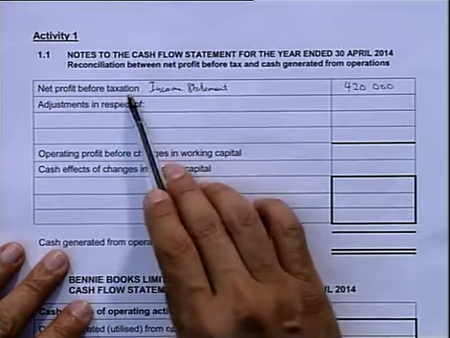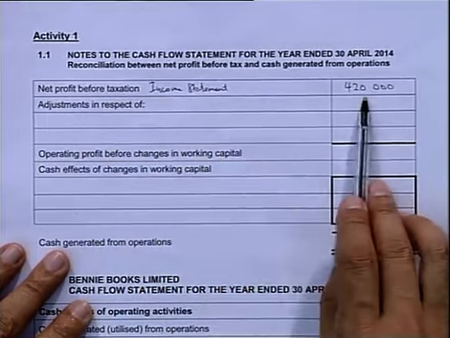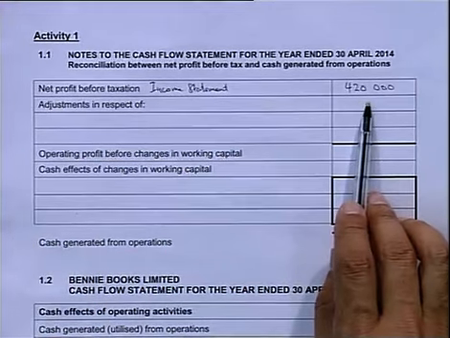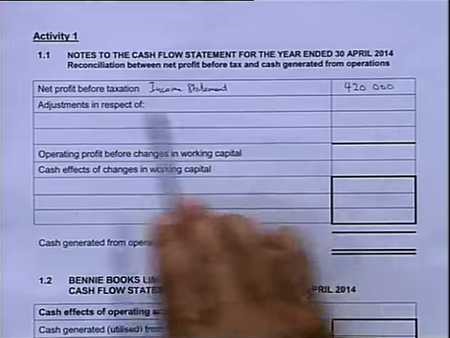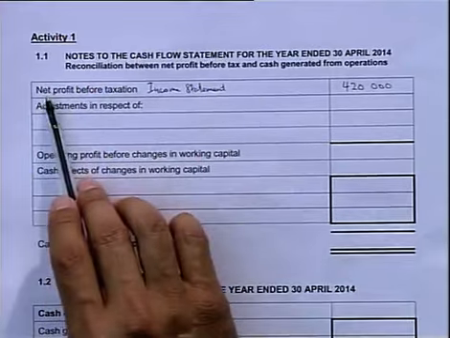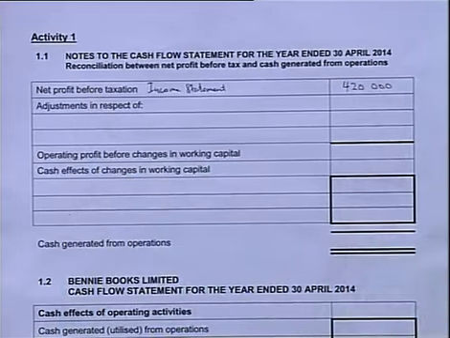So your net profit before tax, that's the item that comes from the income statement. Sometimes what they do, they give you the net profit after tax. Then you're supposed to add the tax to get to net profit before tax. But in this example, it was straightforward. You just have to take the net profit before tax from the income statement and write it in.